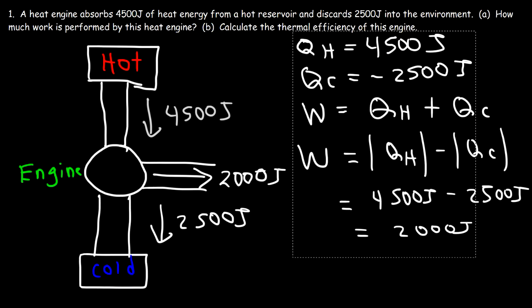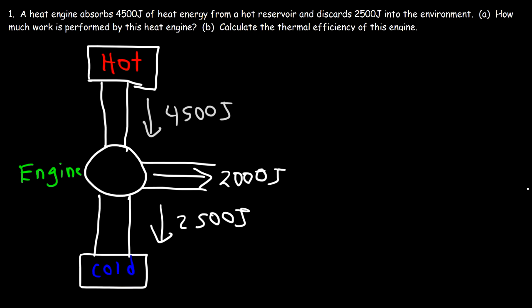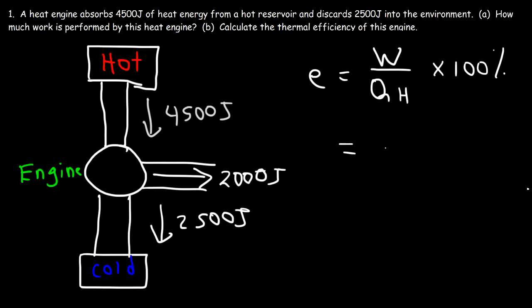Now let's move on to part C. Calculate the thermal efficiency of this engine. The thermal efficiency is the mechanical work divided by QH multiplied by 100%. So in this example, the mechanical work is 2,000 joules.